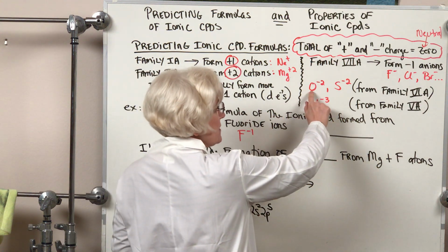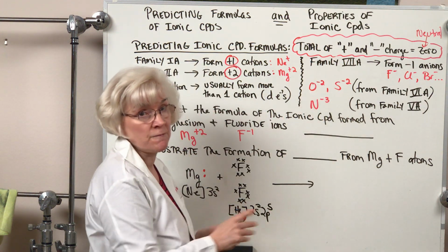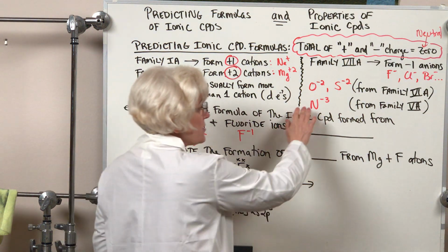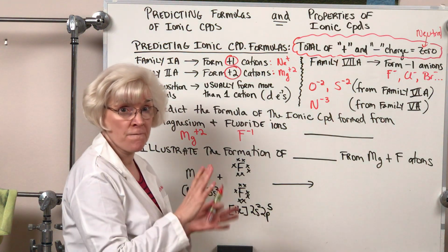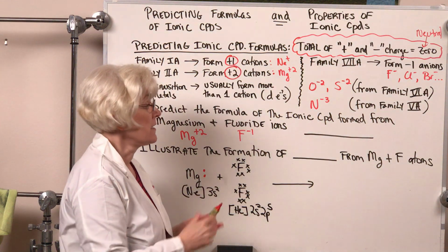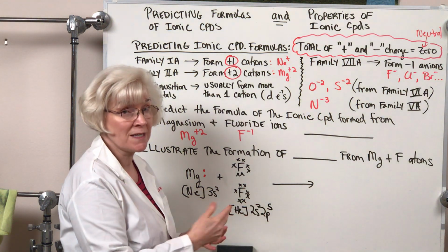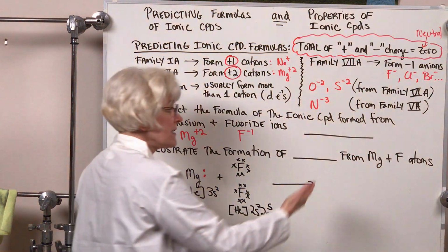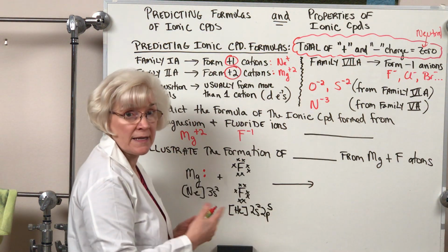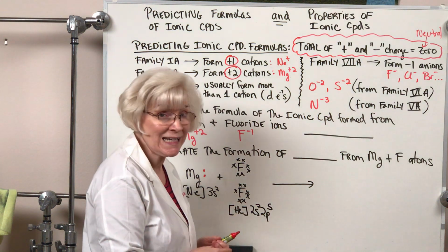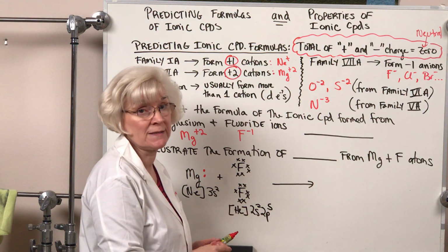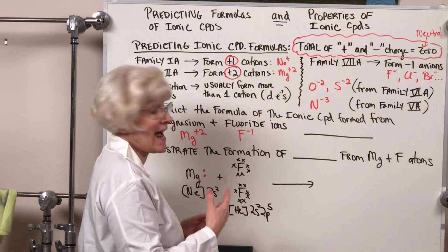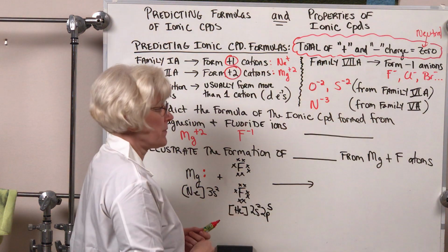So we're typically seeing oxygen and sulfur in family 6A forming anions with -2 charge. Nitrogen, family 5A, has 5 valence electrons. So how many extra electrons would it need to gain in order to have an octet, to have 8? It would need to gain 3 electrons, and therefore if we find nitrogen in an ionic compound bonded to a metal, then its charge would be -3, gaining those 3 electrons to have an octet in its outermost shell.